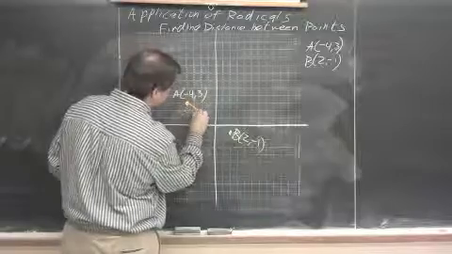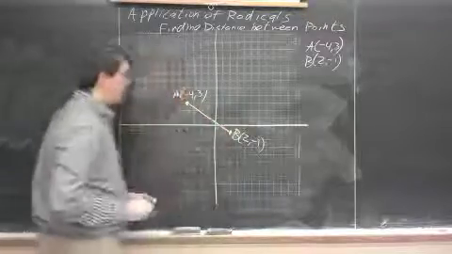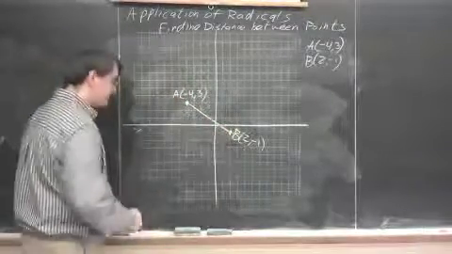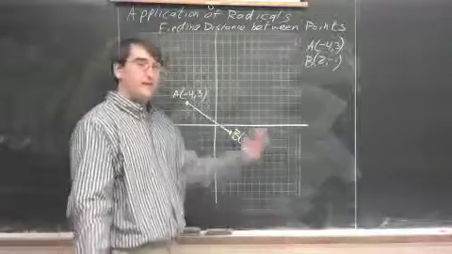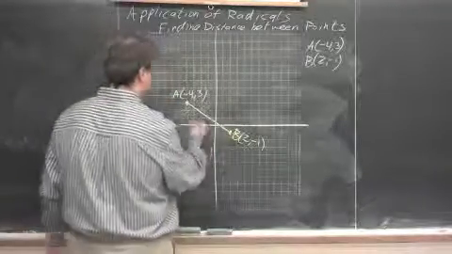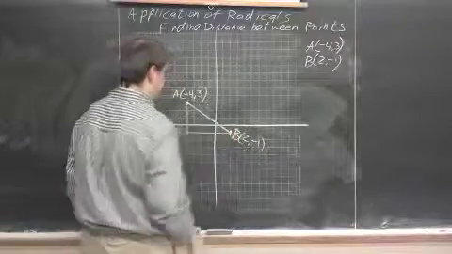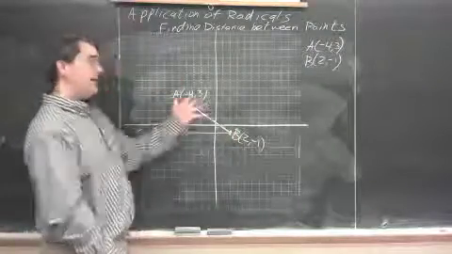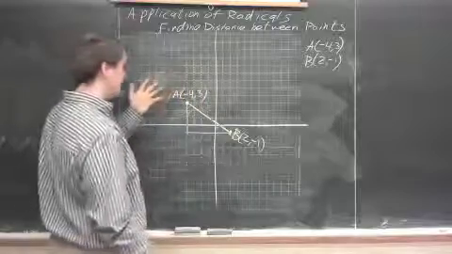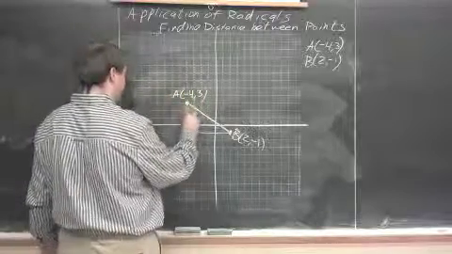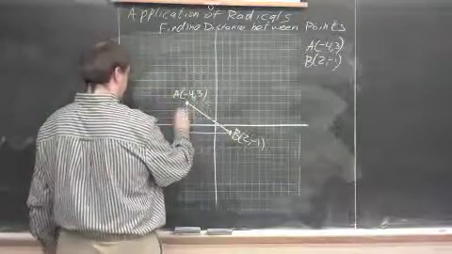And I want to find the length of that line. Well, this will work in exactly the same way. I have a diagonal line. I'm going to find the right triangle. When you have the graph such as this, it's super easy. You can just count. It goes down 1, 2, 3, 4.